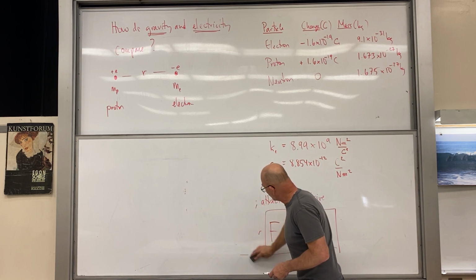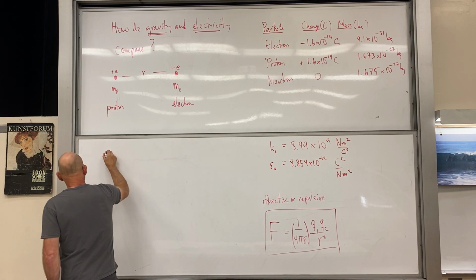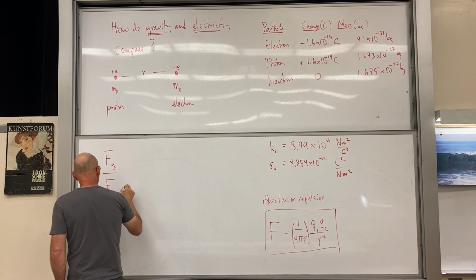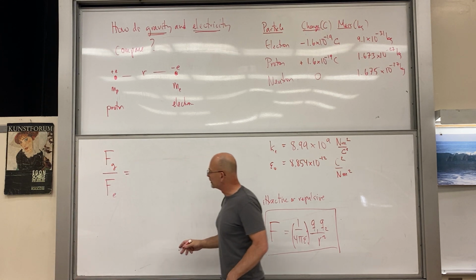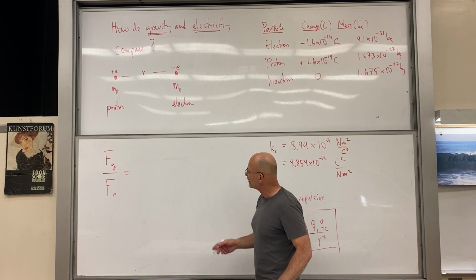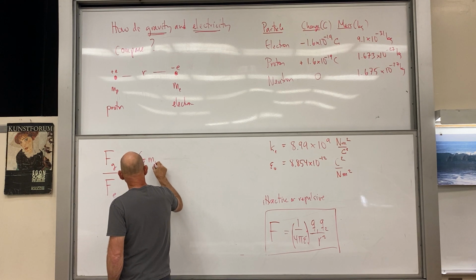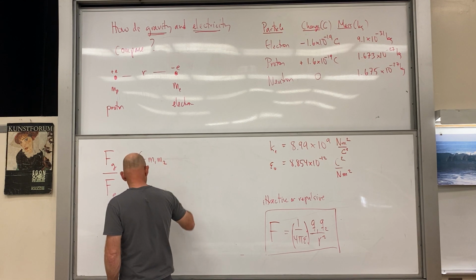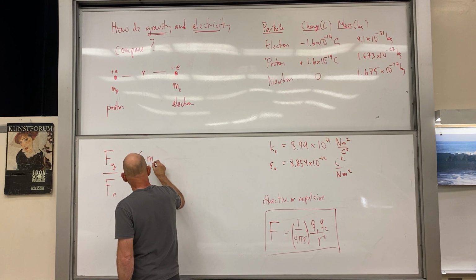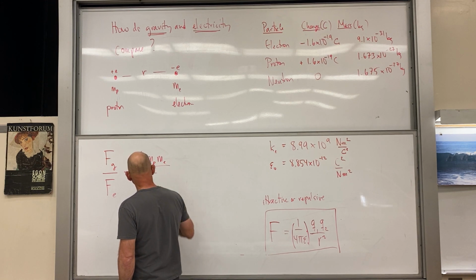So we're just going to take the ratio of the two. So for this system here, F sub gravity divided by F sub electricity. They're both forces, so newtons divided by newtons cancels out. It's just going to be a number. And we know from gravity, we have G, M1, M2, and let's go ahead and say G, mass of proton, mass of electron, divided by distance separated squared.